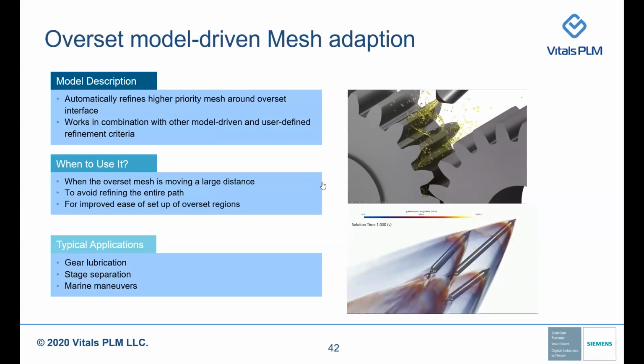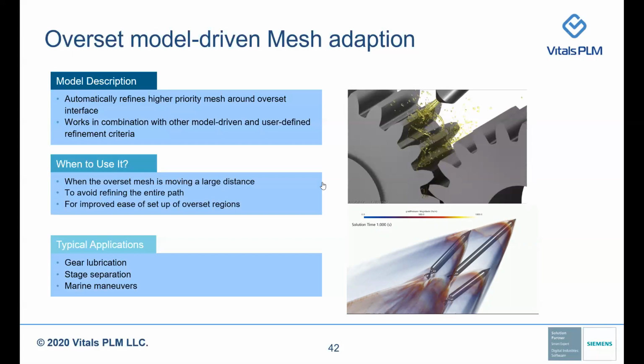Previously, without AMR, one had to have much refinement along the entire course of motion of the boosters when they separate from the rocket. So this way, we can reduce the computational effort and time using the AMR technique.